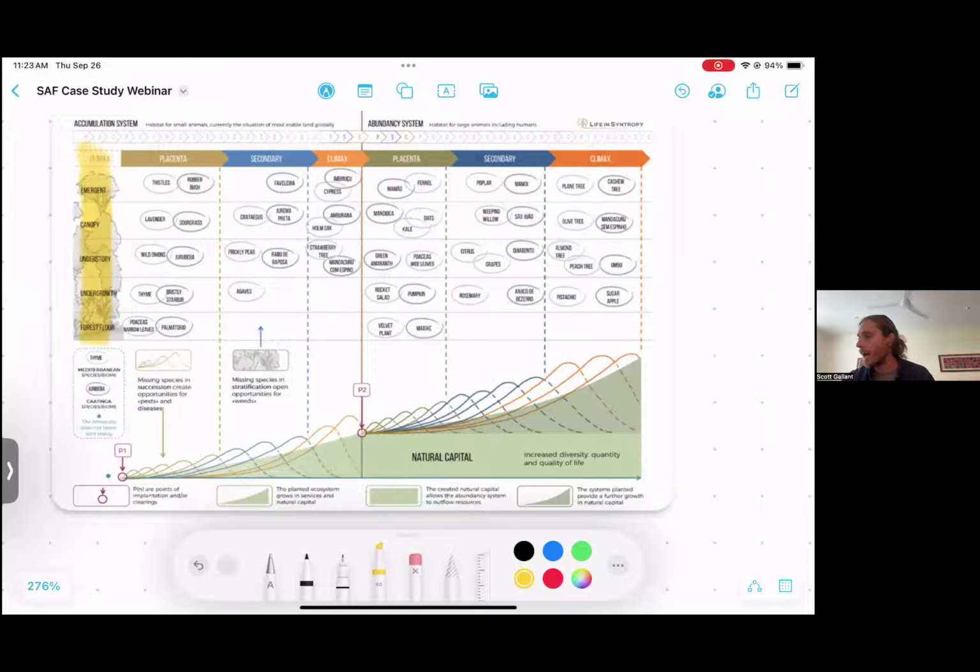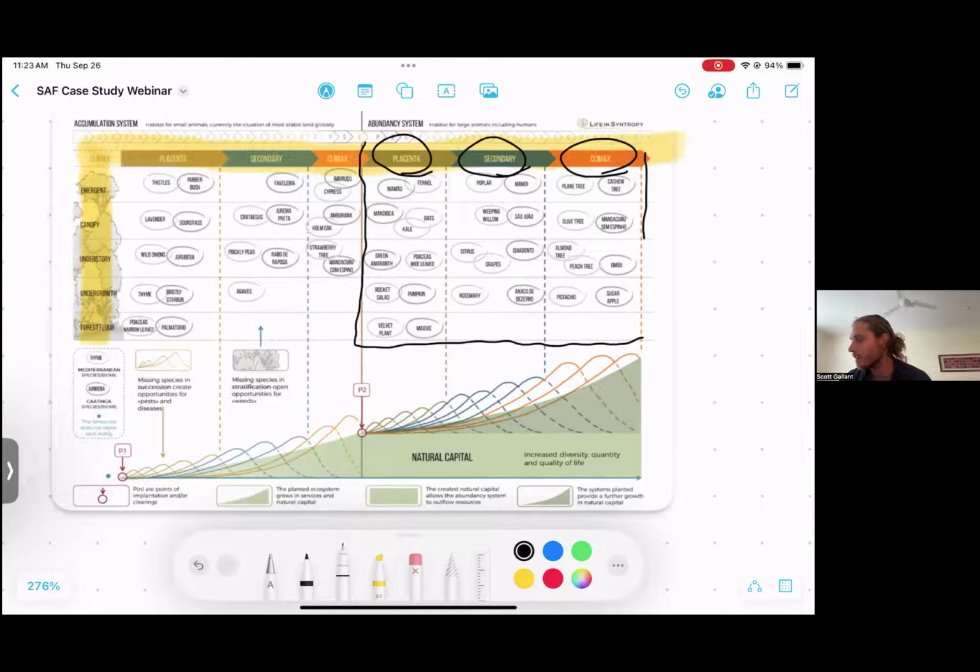Now we have the other side, our y-axis, which is our life cycle. We find three main words that we use a lot: placenta, secondary, and climax. And this little grid we end up with here is what we're going to call our consortium.